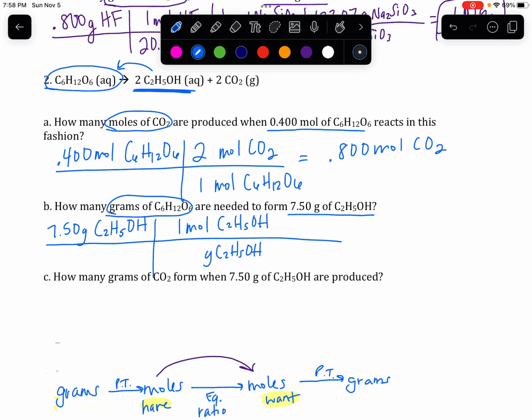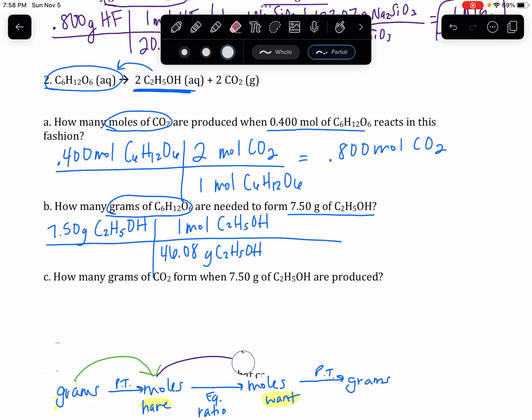When I add all of that up, I end up with 46.08. Okay, so now I've gone from here to here.